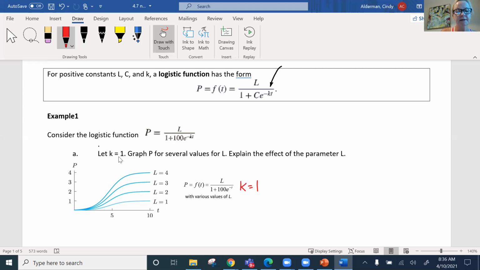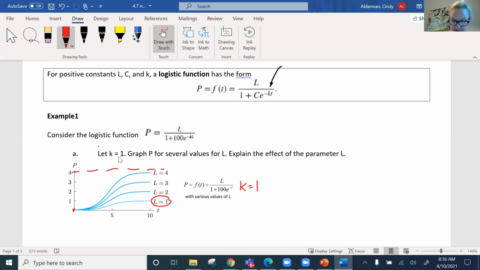So if we make this L value 1 right here, then the P value, of course, is 0, right? And so on. So basically, what the L value is controlling is where the horizontal asymptote is.